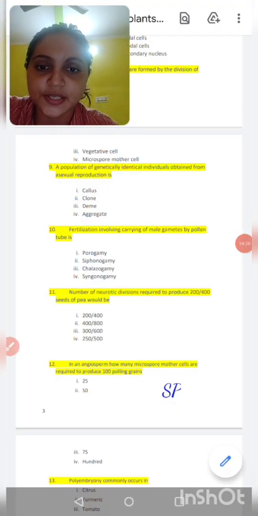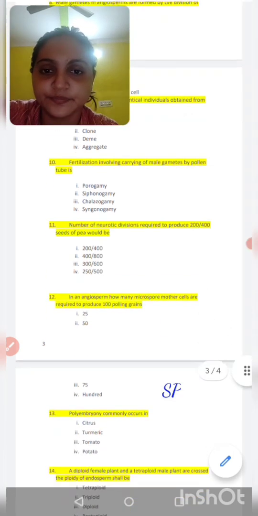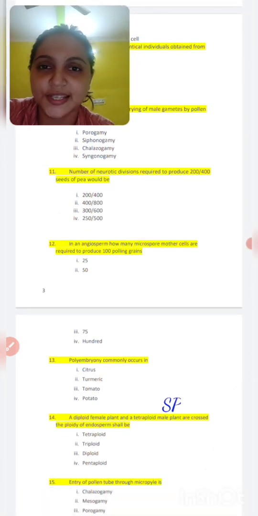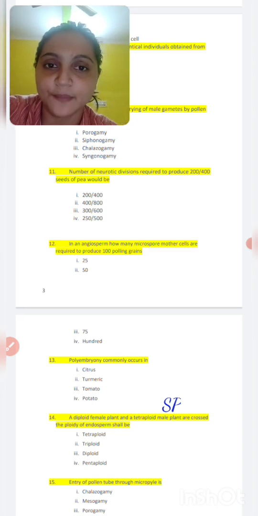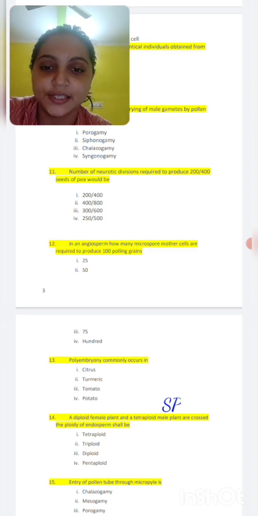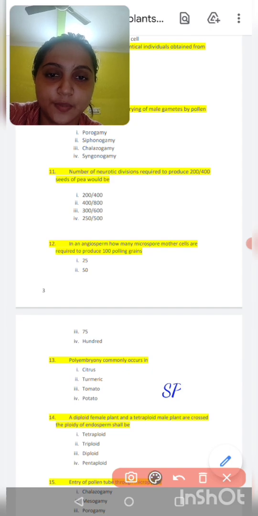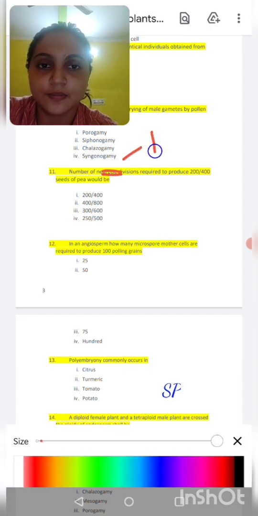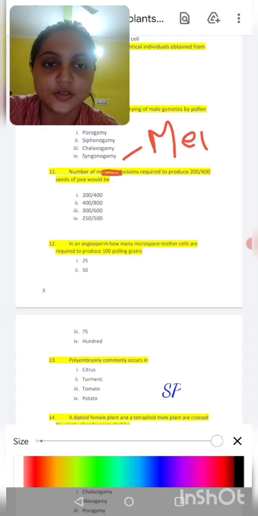The next question, question number 11: the number of meiotic divisions. There is a slight mistake, it will be meiotic, not neurotic, that is the reductional division.